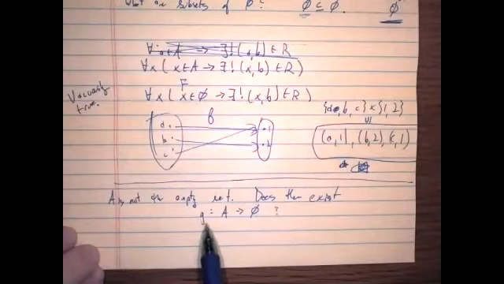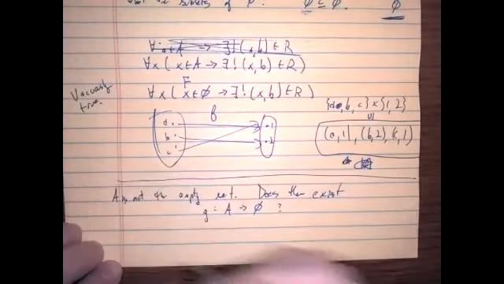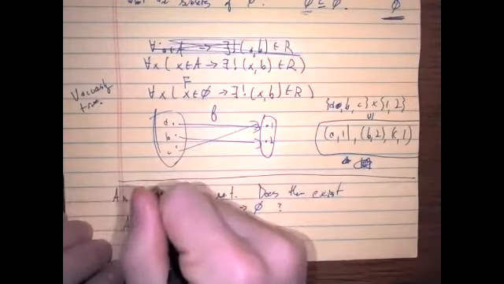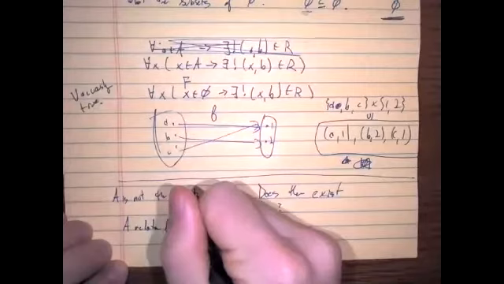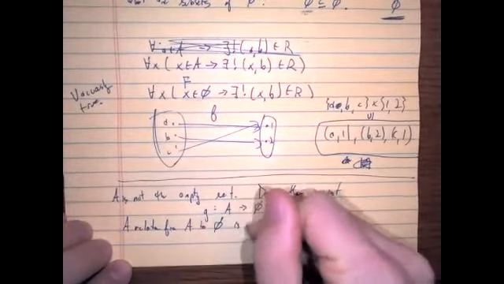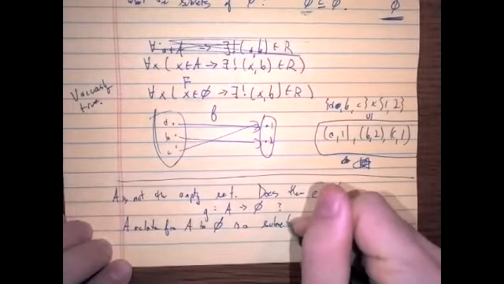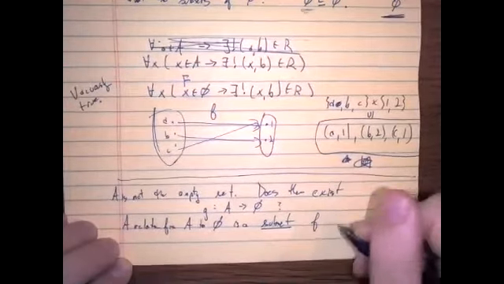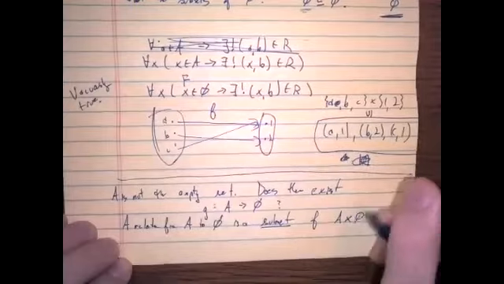So if we want to find a function from A to the empty set, the first thing that we need to do is find a relation from A to the empty set. So what is a relation? A relation from A to the empty set is a subset of A cross the empty set, right?